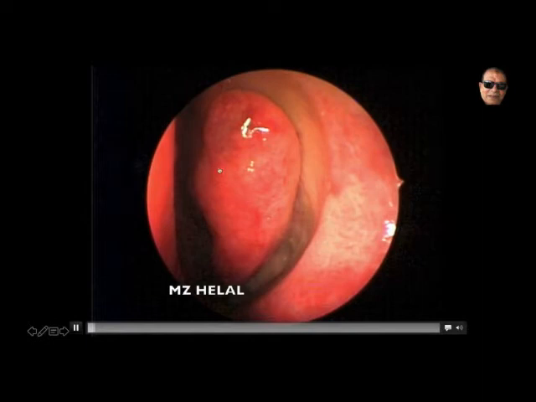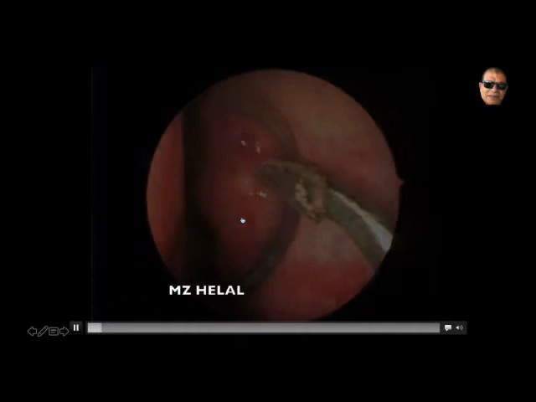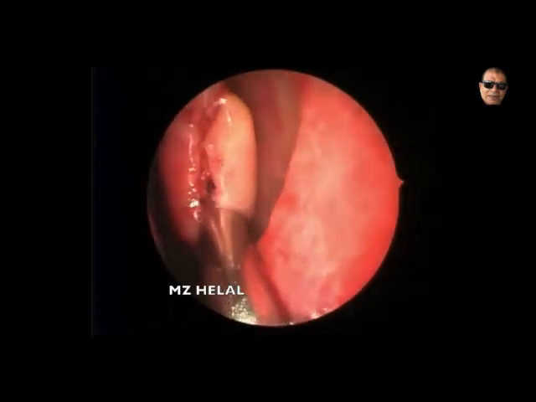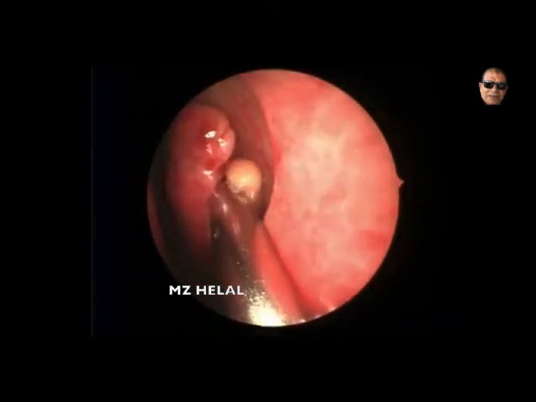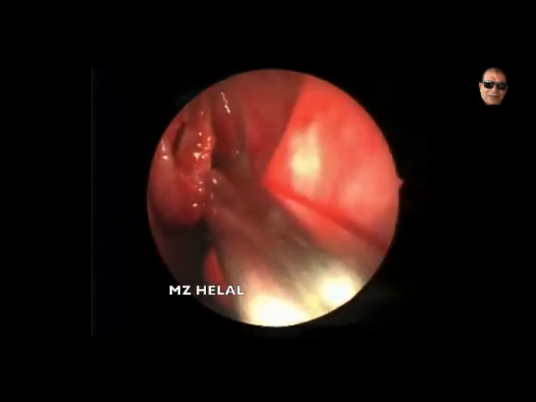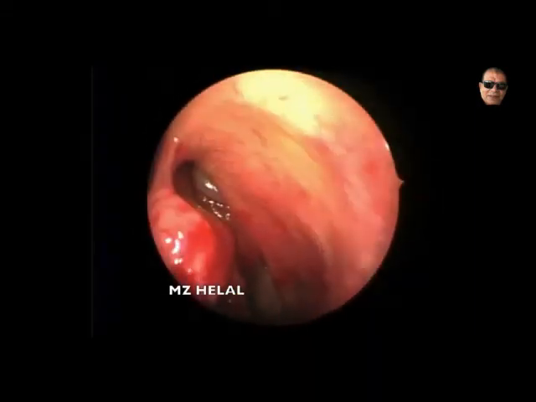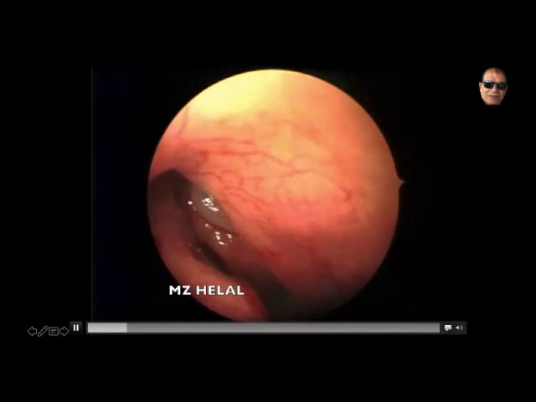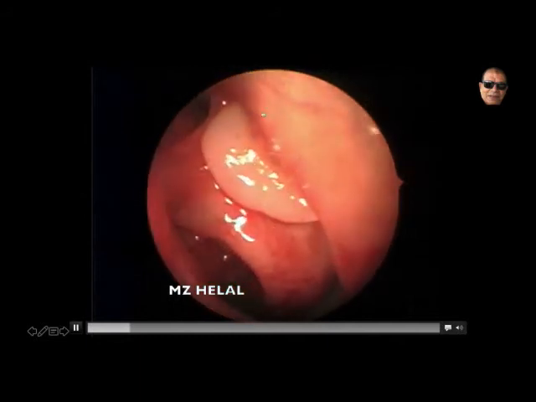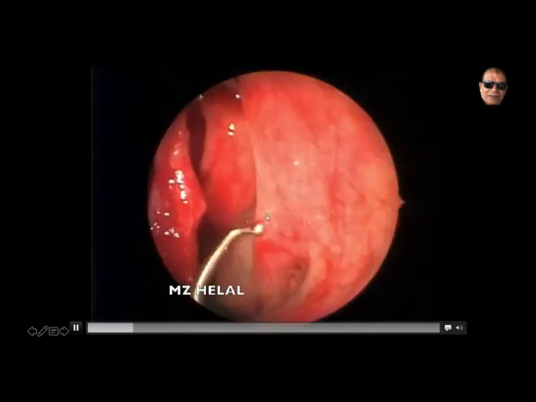This patient has concha bullosa, and after resecting the lateral part of the concha bullosa, one can see the uncinate process and the ethmoidal bulla. There were some polyps in the frontal recess here, and here is the ethmoidal bulla.